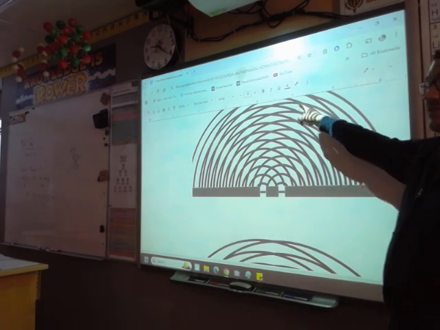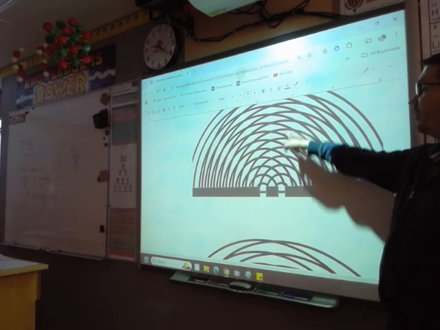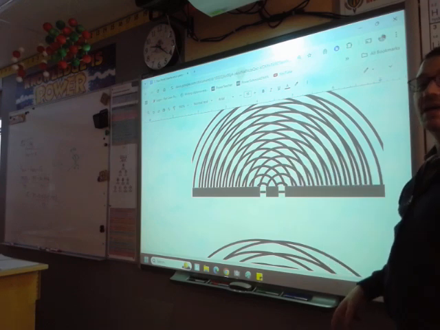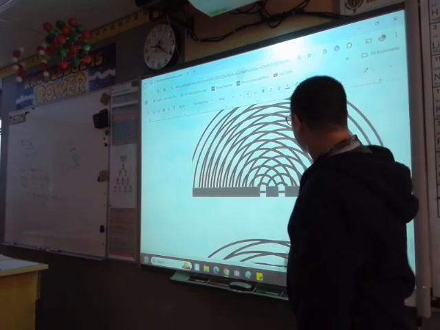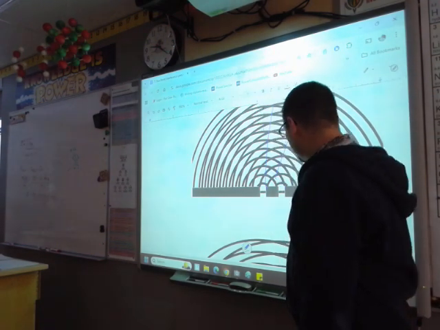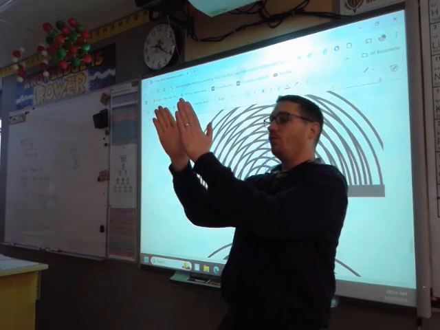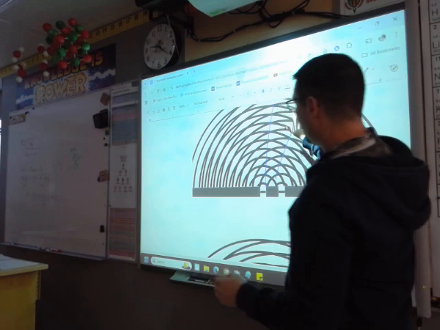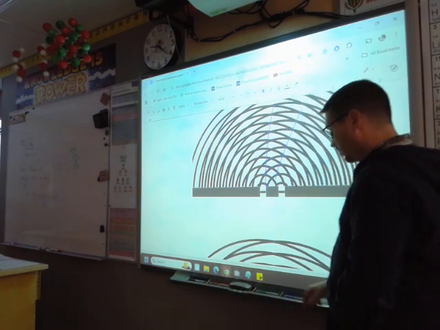So are the waves closer together or further apart in the top one? They're closer together. So what does that mean? The angle between two maximums, is the angle wider or more narrow because the wavelengths are tighter together?